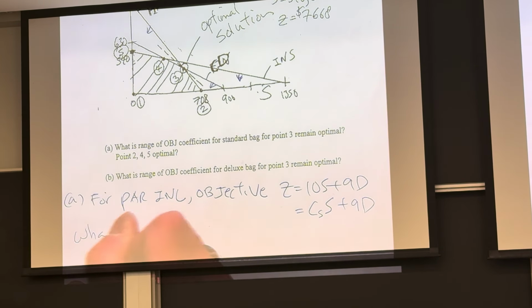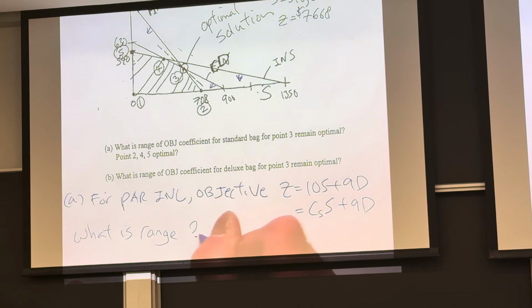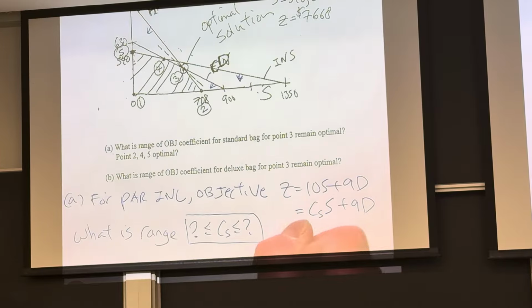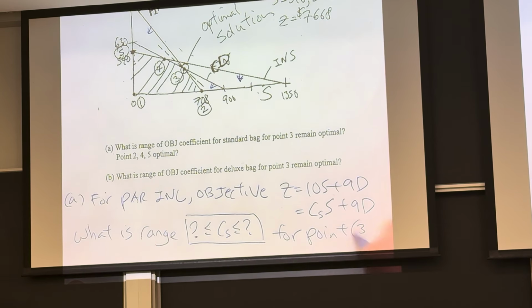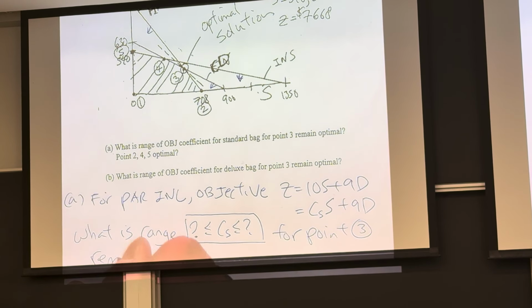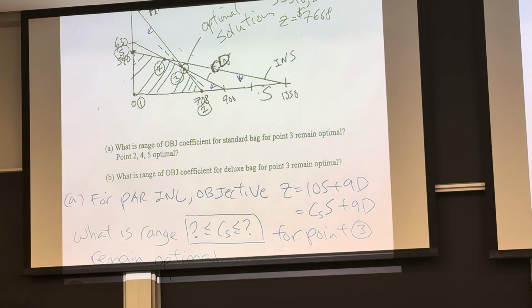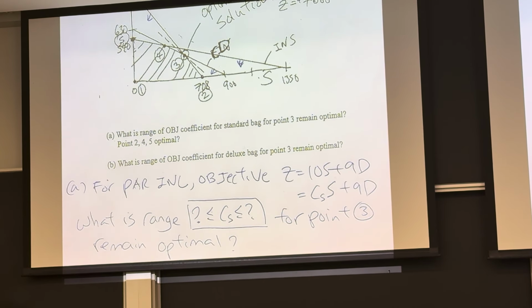What we're looking for is the range of this CS, how high and low, is it 5 to 9, 7 to 11, whatever it is, for my point 3 to remain optimal. That's what we're looking for in this sensitivity analysis.